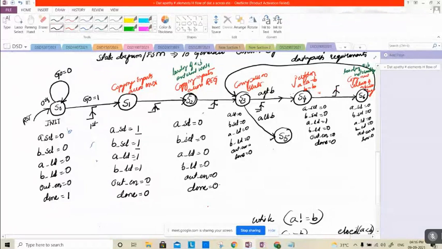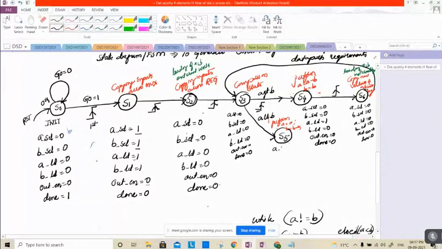So whenever A is less than B, perform A is equal to A and B is equal to B minus A. That operation will be done by the subtractor, right? But it will not be copied. Why? Because it requires a clock signal.